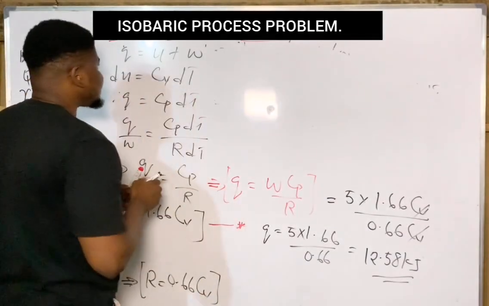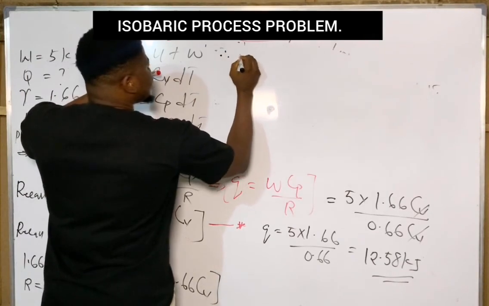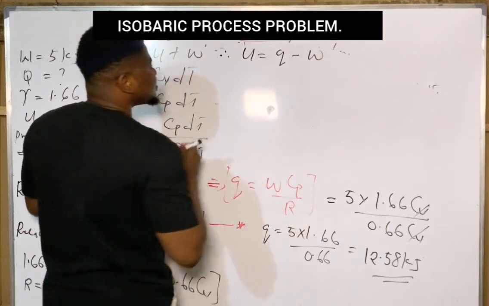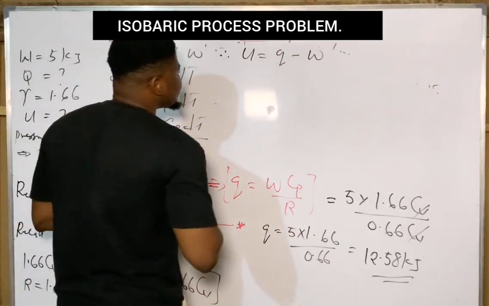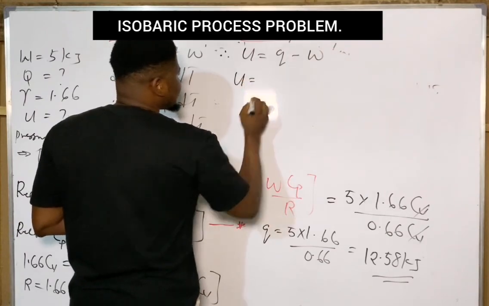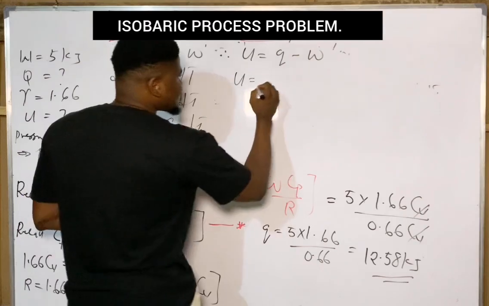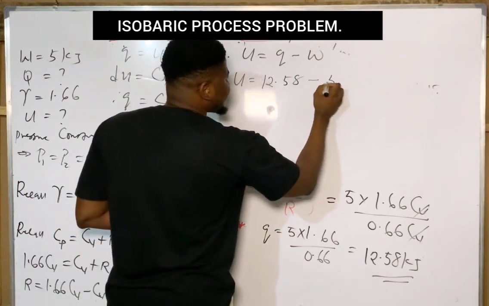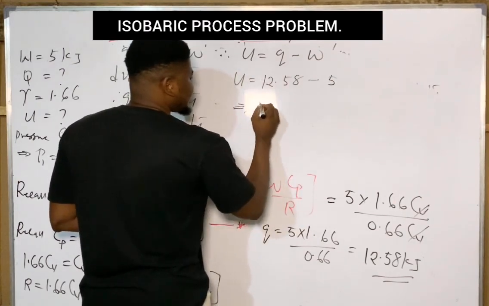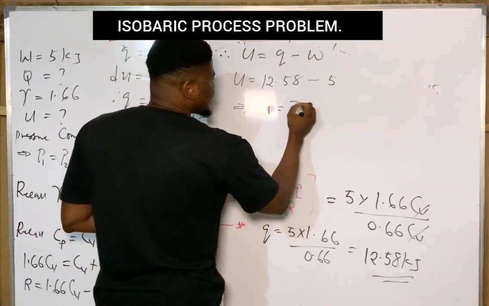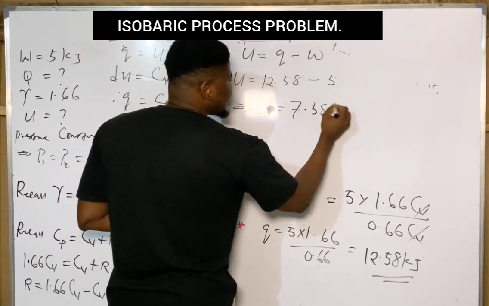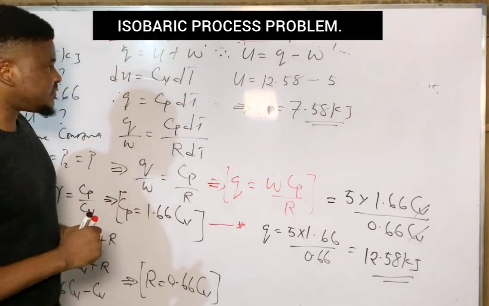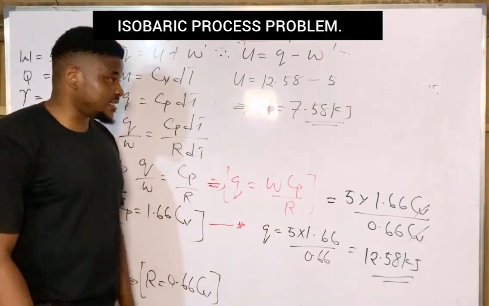If we make internal energy the subject, U is going to be equal to Q minus W. We know what Q is, Q is 12.58, minus W, which is 5. So the internal energy is about 7.58 kilojoules.